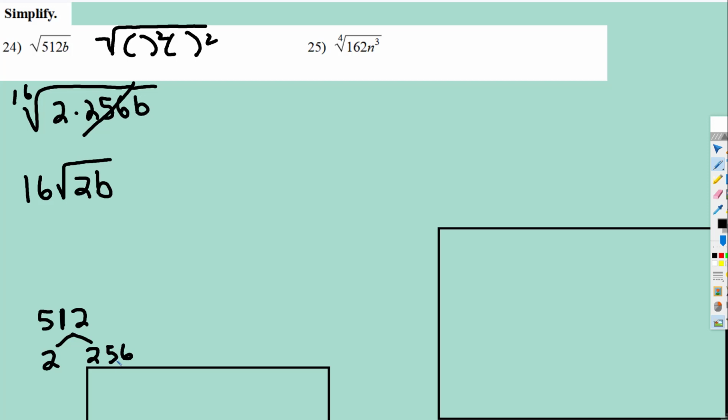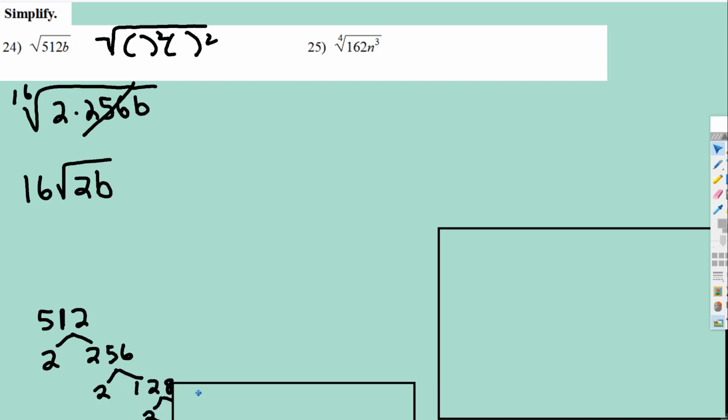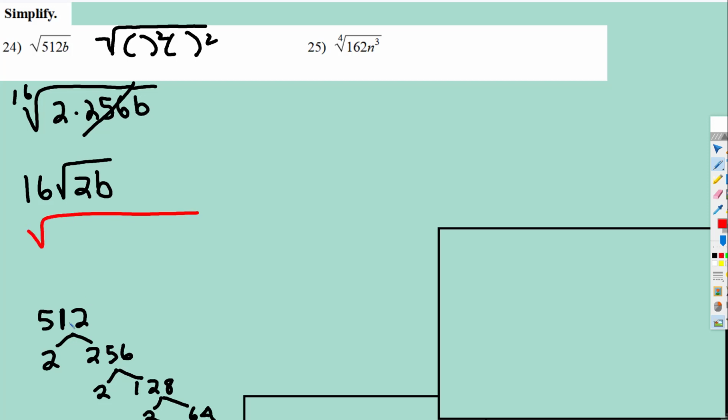However, if you didn't think to check that 256 is a perfect square, well then you would do 2 times 128, then 2 times 64, and then hopefully you would recognize that 64 is a perfect square. So let me choose a different color. You would then have 2 times 2, there's a perfect square, times 2 times 64 times b.